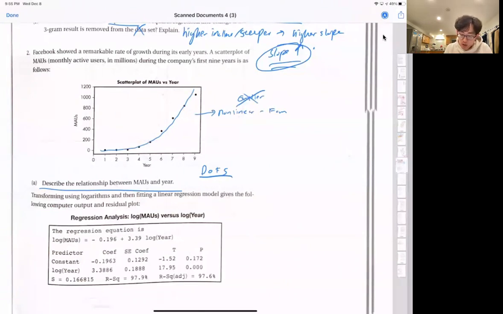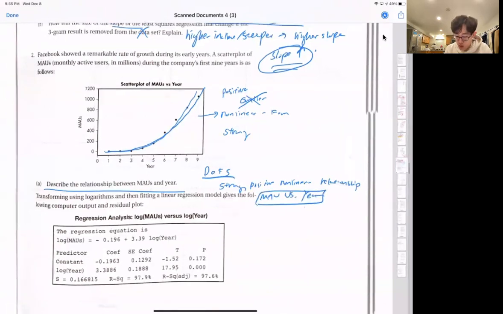D is the direction, so that's definitely positive. And the strength is very strong. This is perfectly calling for a very nonlinear format. So there's a strong, positive, nonlinear relationship between MAUs versus year. Or year versus MAU, because usually you want to swap the X's and Y's, like X versus Y. And that should be the answer, I think.